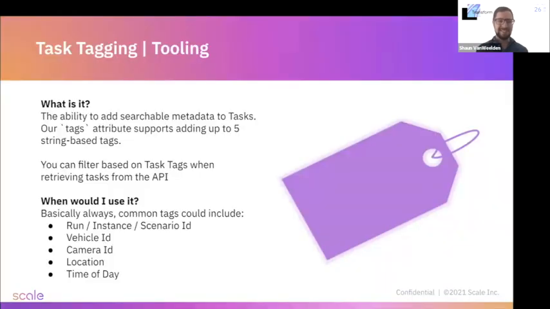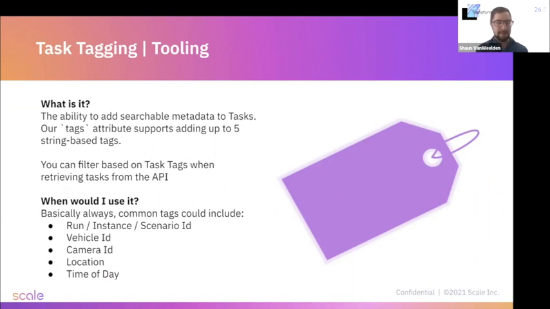This is one area I am extremely excited to present to you all. So first things first, we have introduced task tagging. All right, so this is the ability to add searchable metadata to tasks. You can add up to 5 string-based tags, like a normal tag, I guess, on any other application.